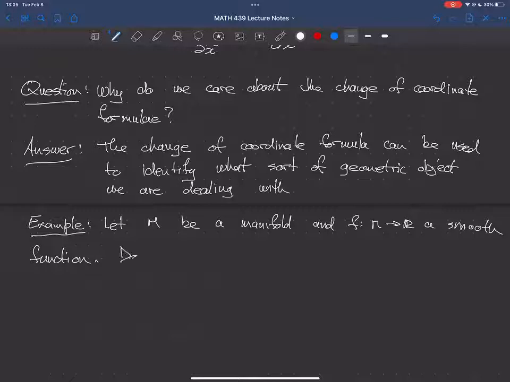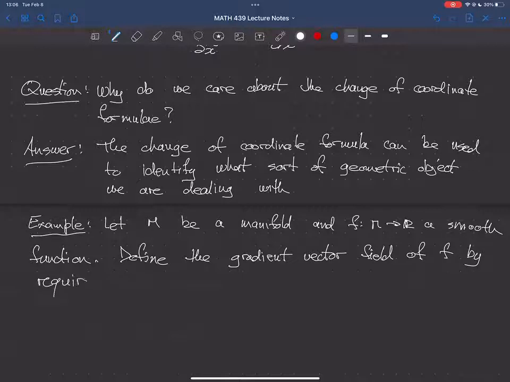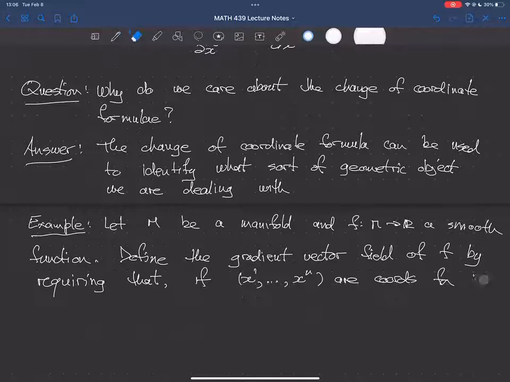Okay, let's define the gradient vector field of f by requiring that if x1 through xn are coordinates for M. Now, for the first time, I think, I'm using a shorthand, which is very common.